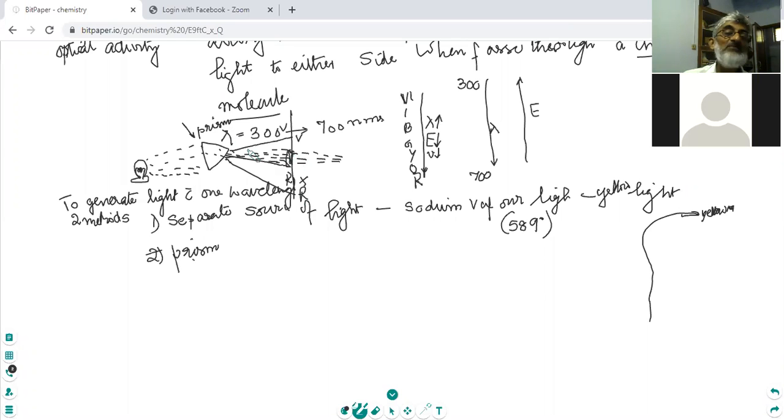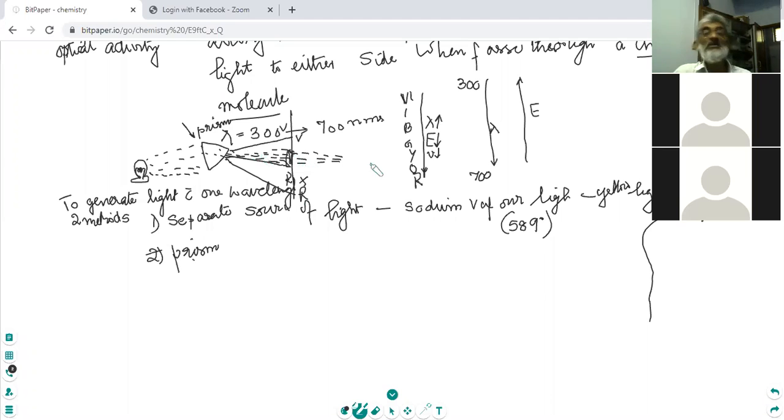You rotate this prism, and you can choose the right wavelength you want. That is one method. The second method is to use a separate source of light like a sodium vapor lamp, which has 589 nanometers. Both methods you can use.